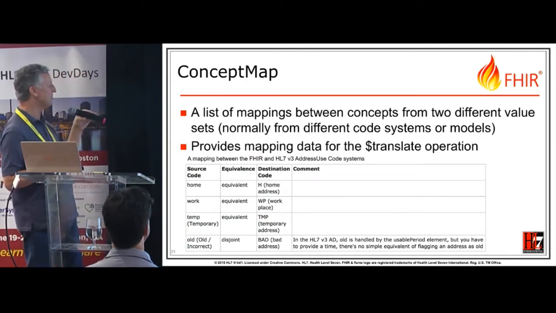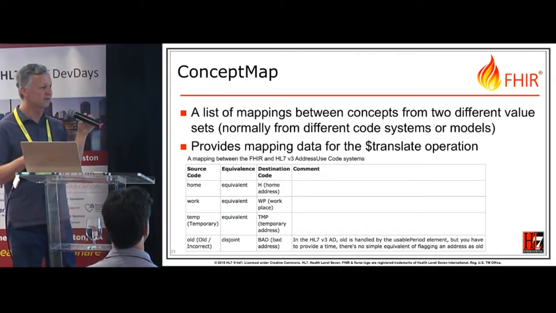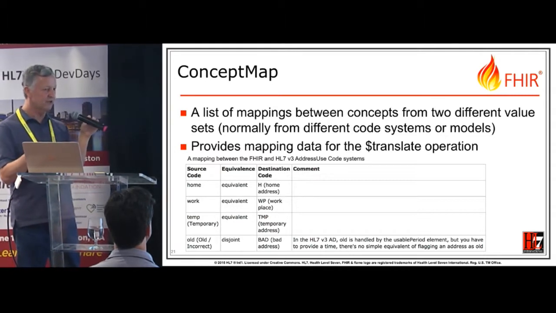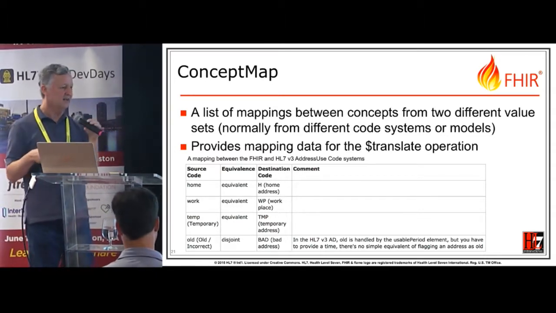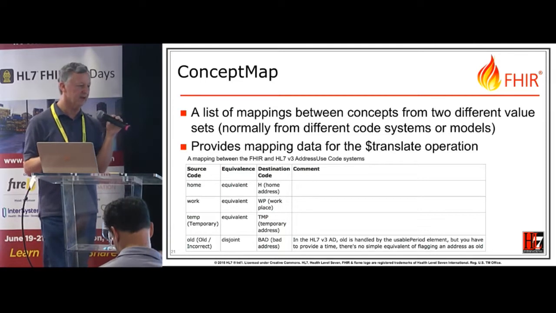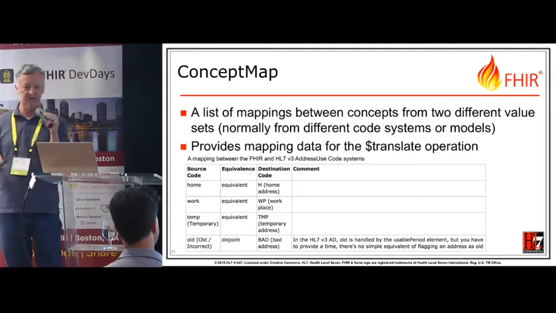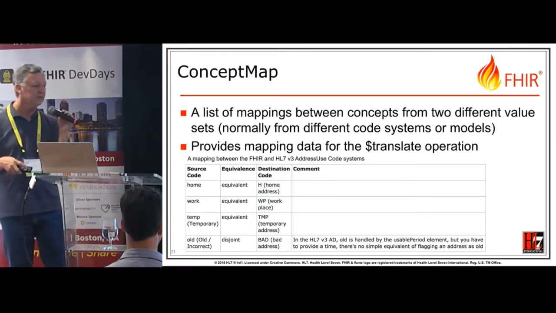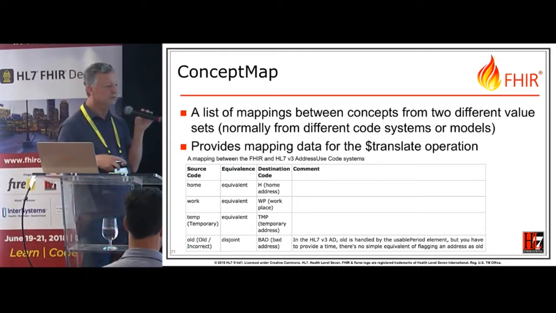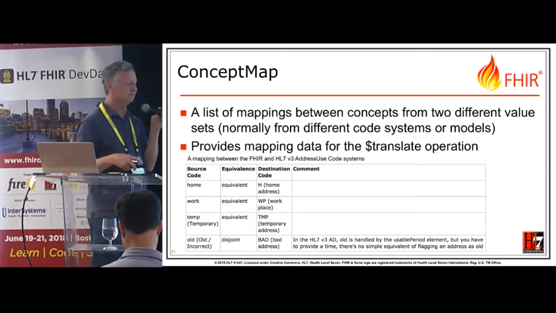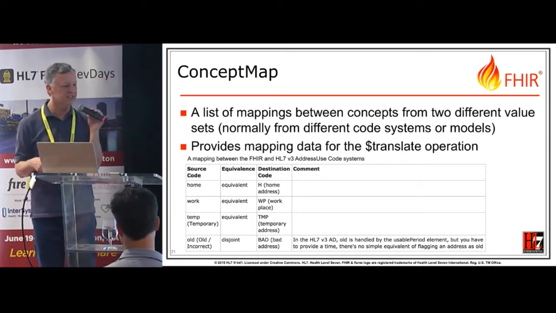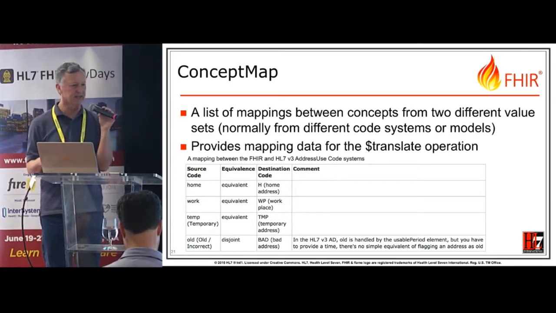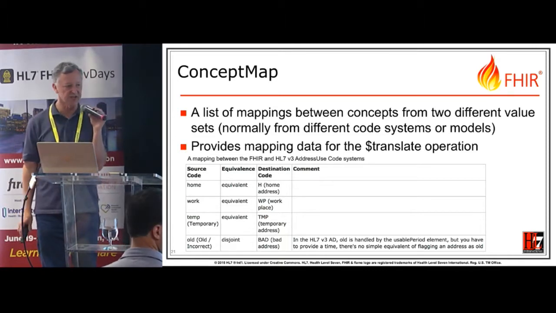Okay, a slide about ConceptMap real quickly. This is a way that we can make equivalences between code systems. We need to do this a lot. Just a quick example: if you had a diagnosis code in SNOMED and you needed to send a claim for billing, reimbursement, or credit for the activity, you'd probably, in the US at least, have to use ICD-10 for that.